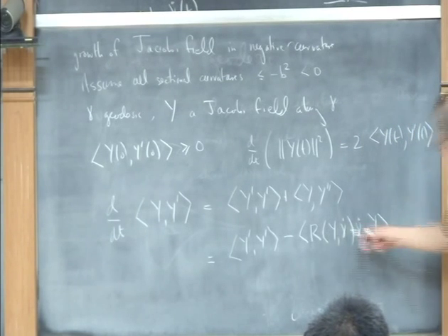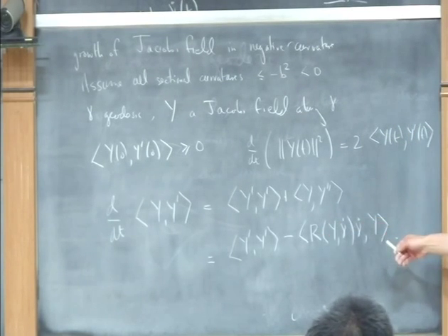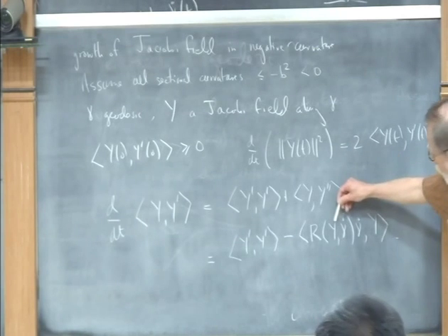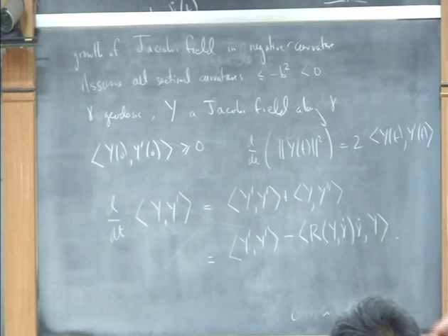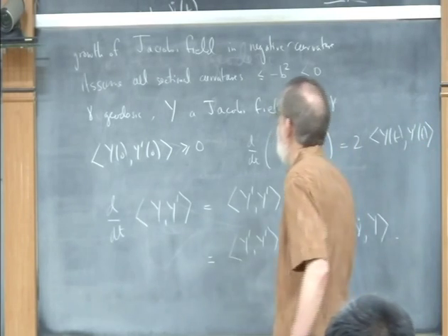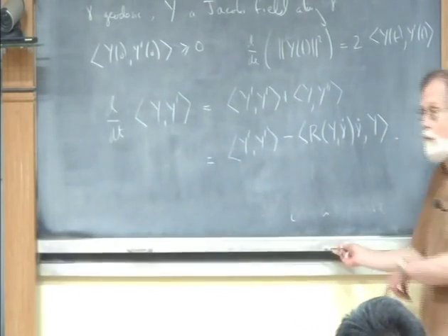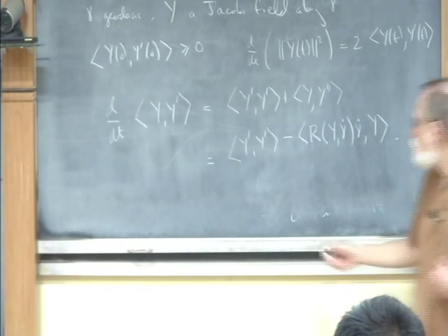Okay, what we have here is basically a sectional curvature, except that y probably isn't a unit vector. But if I rescale y to become a unit vector, then I do get a sectional curvature. But I've got minus a sectional curvature, which is going to be something positive.